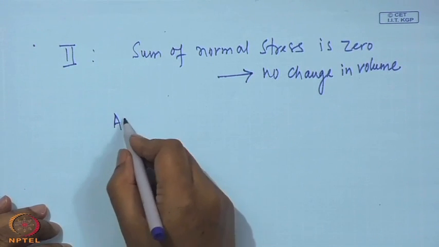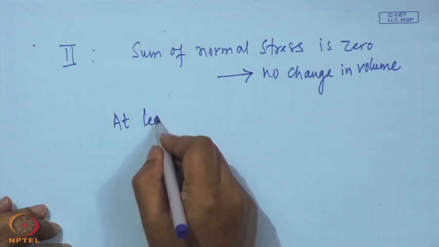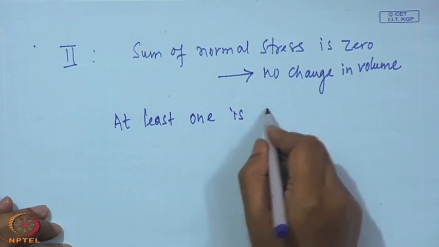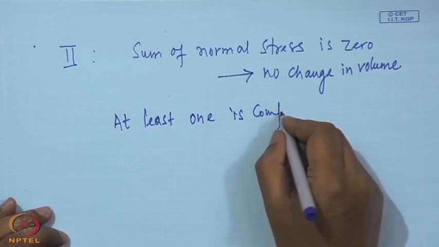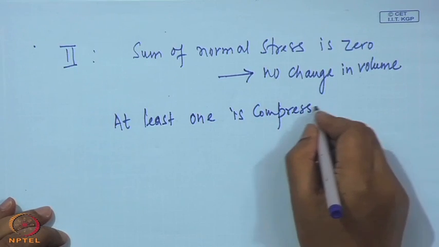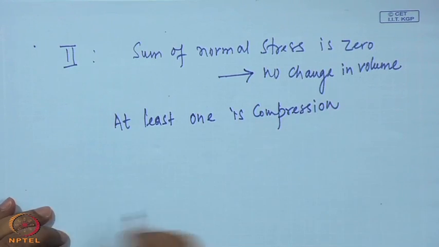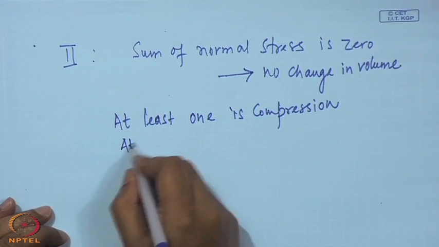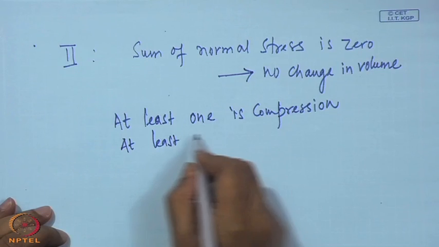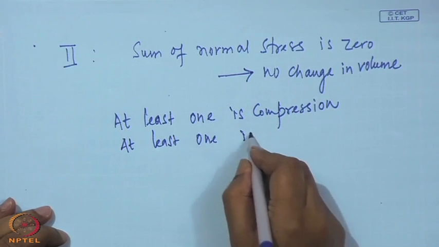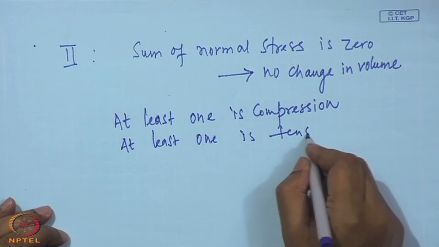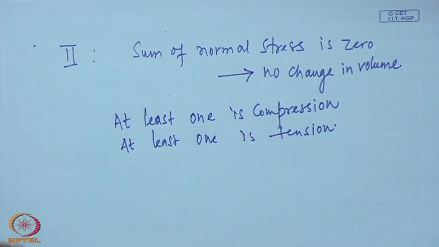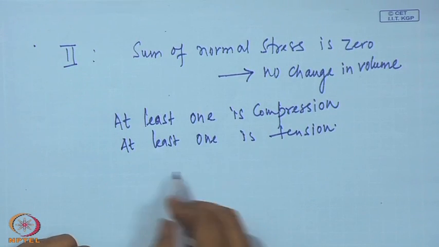At least one is compression, at least one is tension, the third is either of the two.